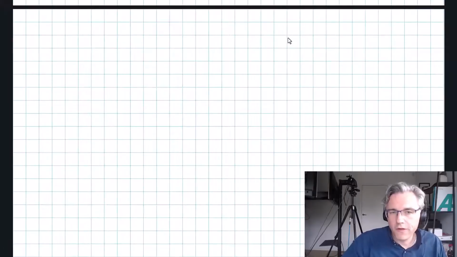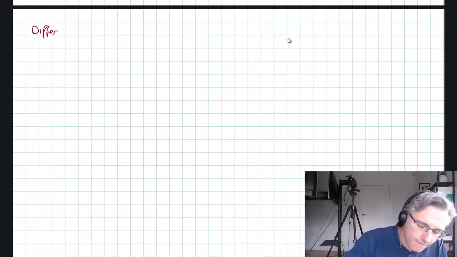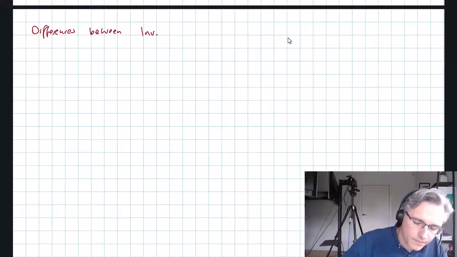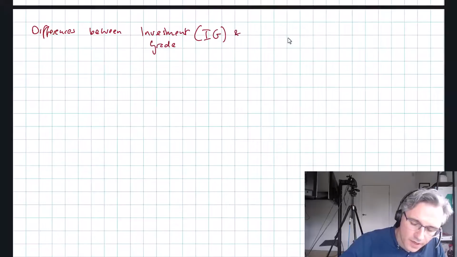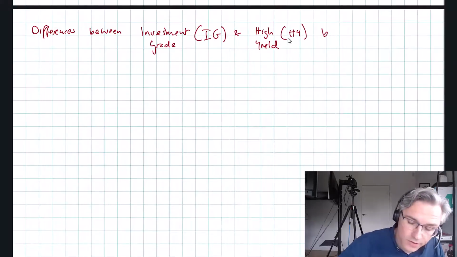Okay, so the main focus of this section within the relevant learning module is on the differences between how investment grade issuers, who we abbreviate as IG, and so-called high yield issuers, HY, do bond issues, so their bond issuance.